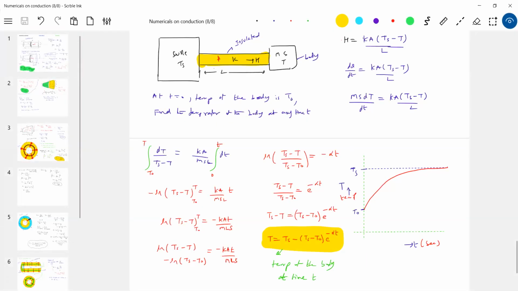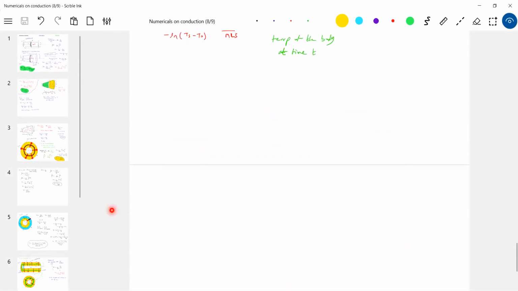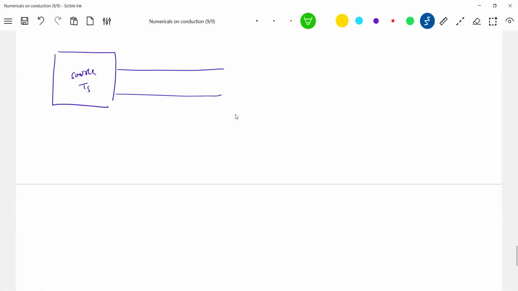Okay, now instead of this body, let me keep a block of ice there. Here I do have ice, with mass, latent heat of fusion, and temperature. Usually, we know ice will be at 0 degrees Celsius only.